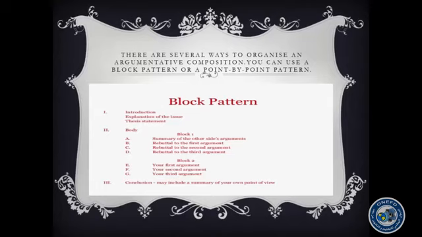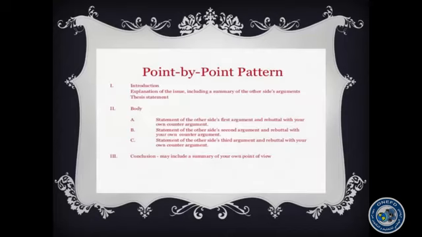So let's take a look at another pattern, which is point by point. The point-by-point pattern is very different from the block pattern. In the block pattern you divide the arguments into 2 blocks, but in the point-by-point pattern you do both at the same time.